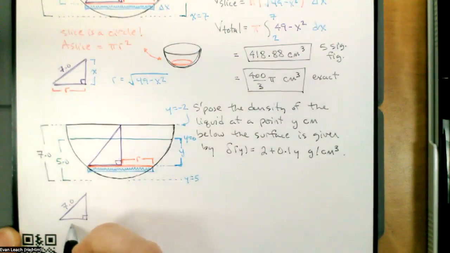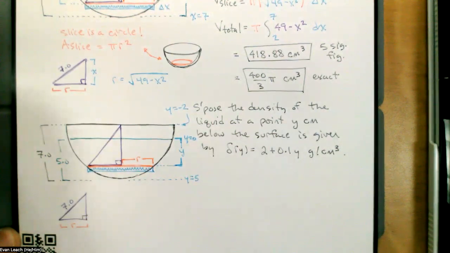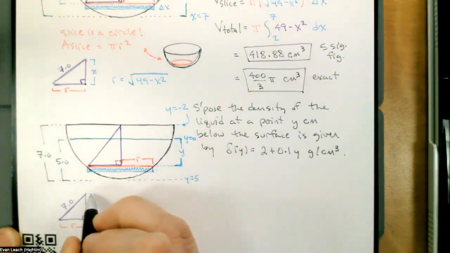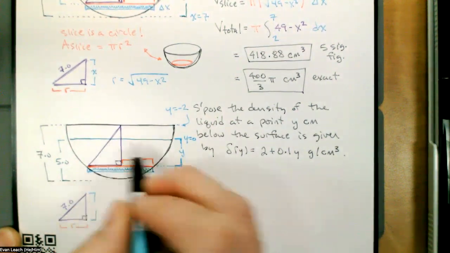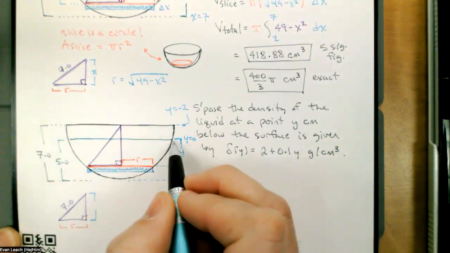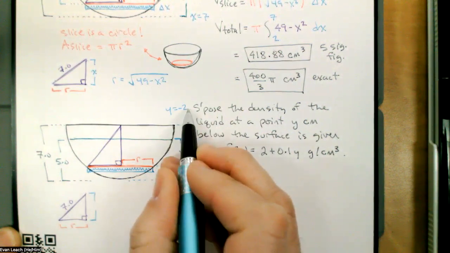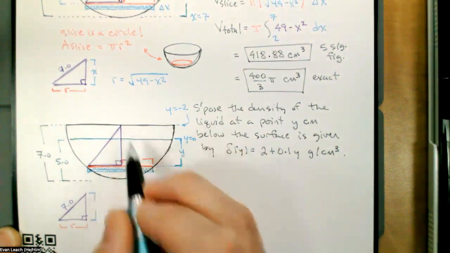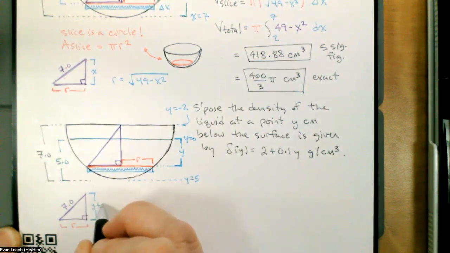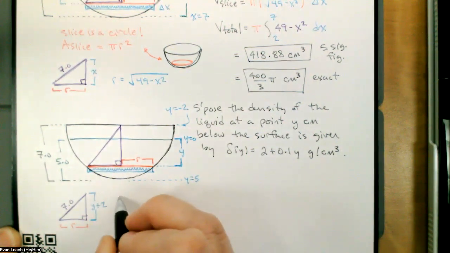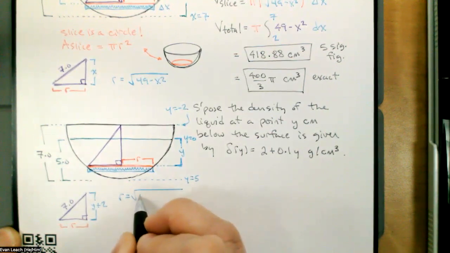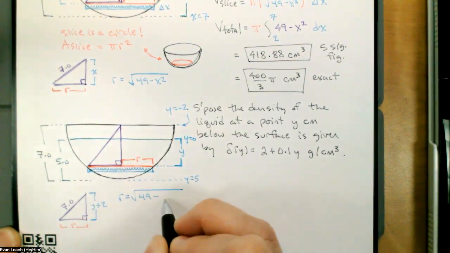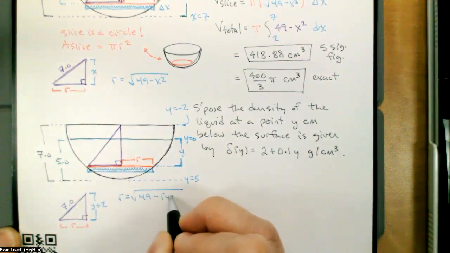Our radius is r. But our vertical leg is not y. Y starts here at 0. The top of the bowl is at -2. So this distance that we want here is y plus 2. So our radius is the square root of 49 minus (y plus 2) squared.